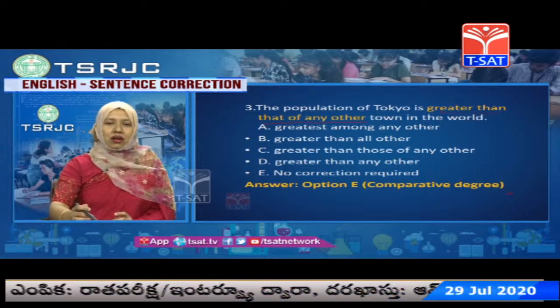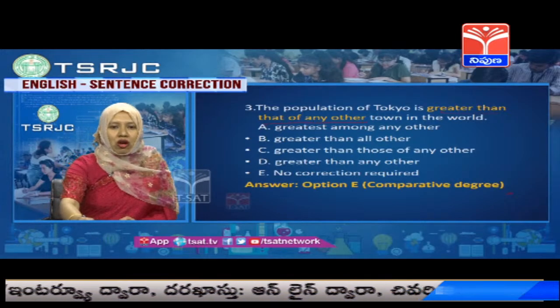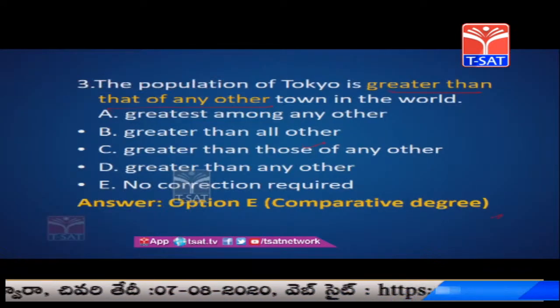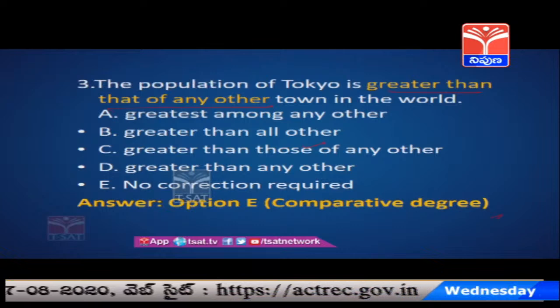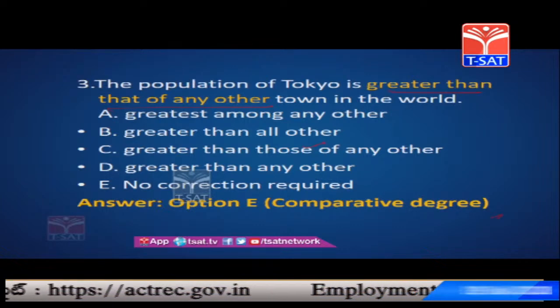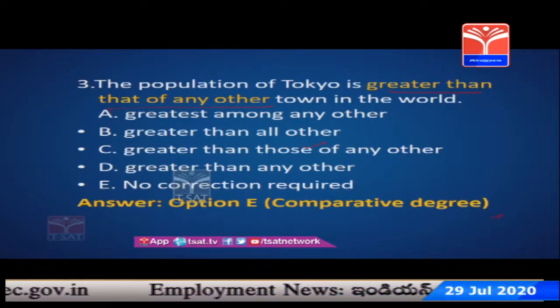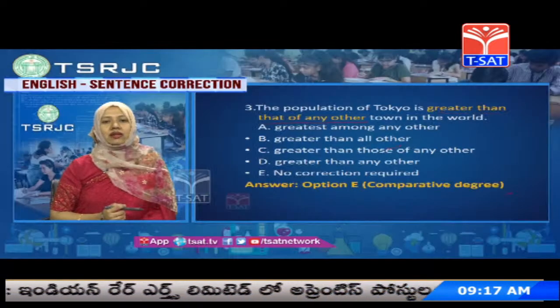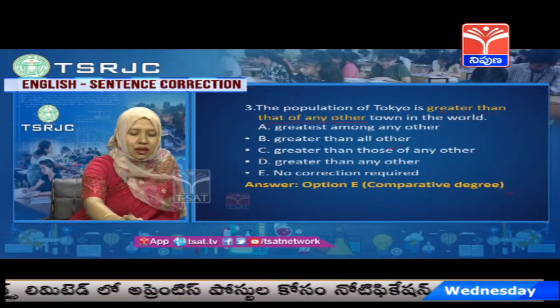So, here the correct option is: the population of Tokyo is greater than that of any other town in the world. If you see the options, option C, greater than those of any other, you cannot say that.